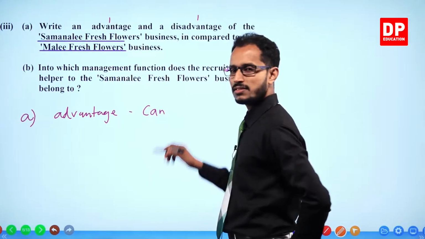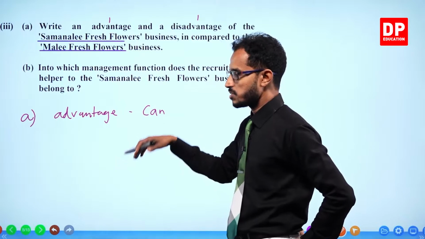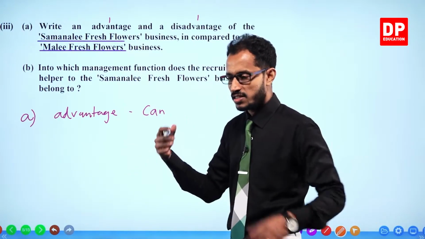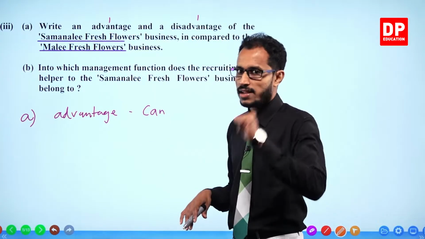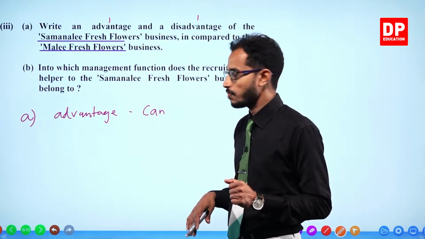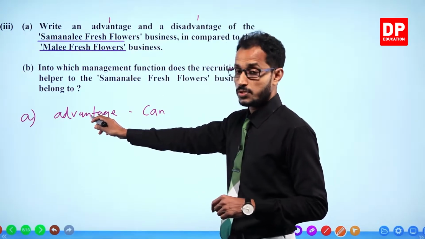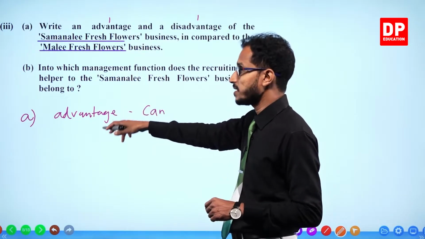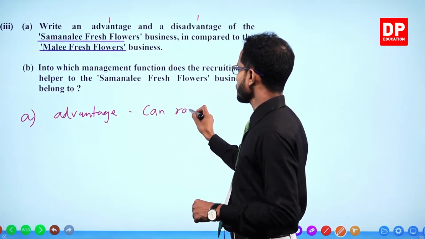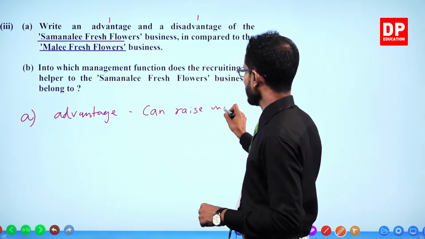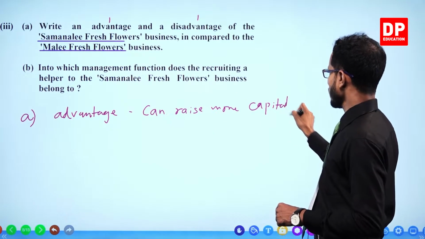Don't just write can raise high capital, can take collective decisions, and the ideas and skills of the partners are available, and so on. Don't write that. You have to write advantage, and in front of it, you write the advantage: can raise more capital.